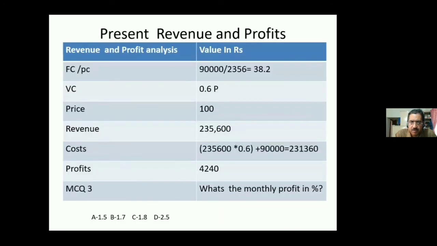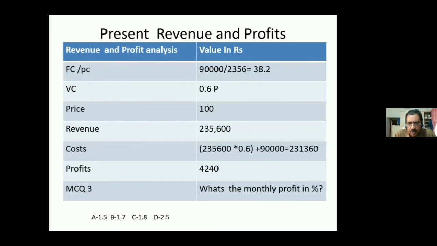Present revenue and profits. Fixed cost per piece is 38.2. So variable cost is 0.6. Price is 100. So revenue is this much. The profit is very, very minimal. They hardly get 1.8 rupees per piece.